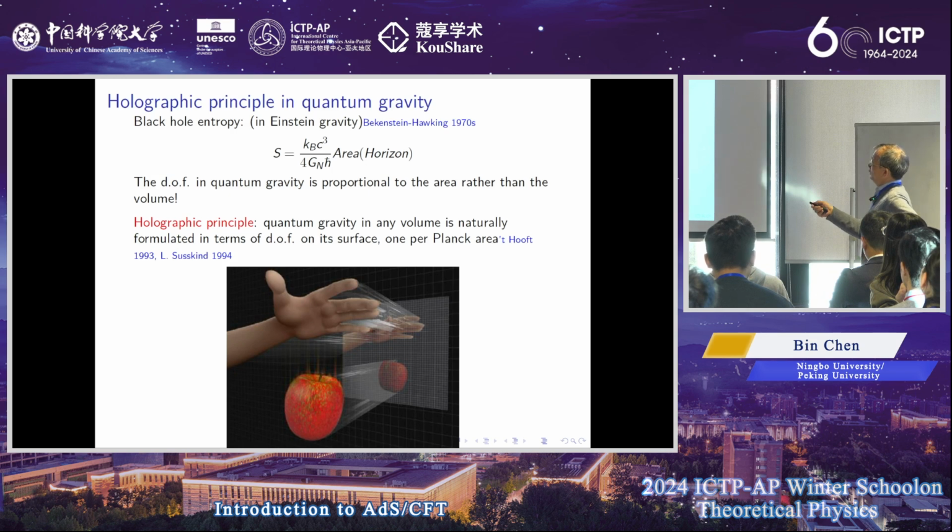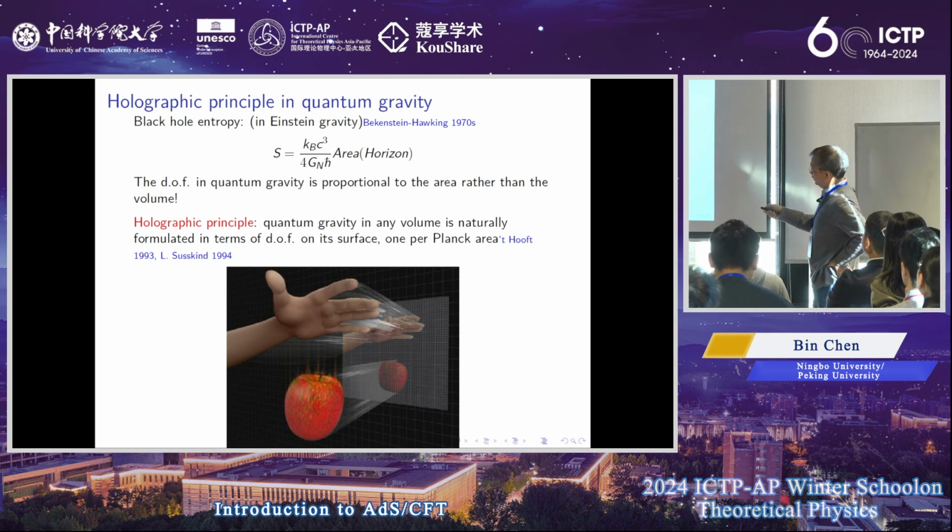As in a holography movie, the physics in the bulk can be reformulated by the degrees of freedom on the holographic screen. That's the holographic principle.